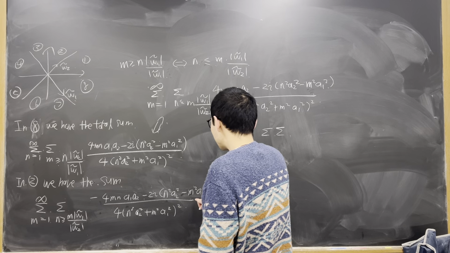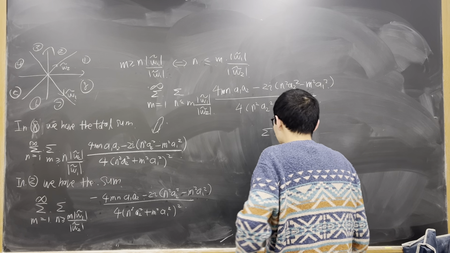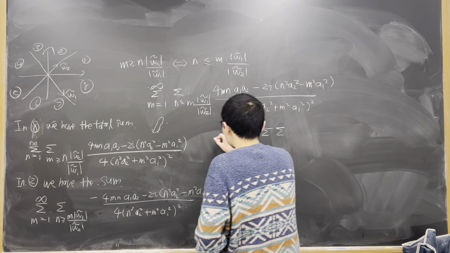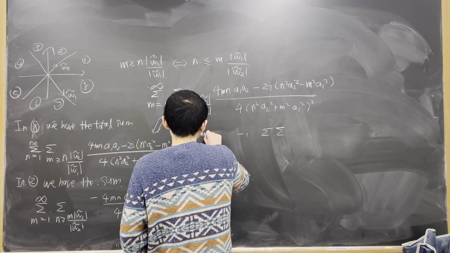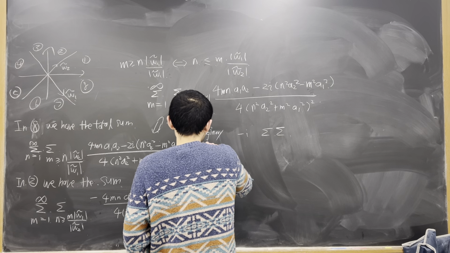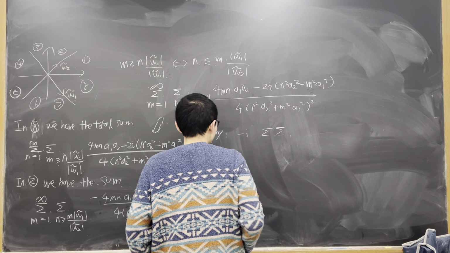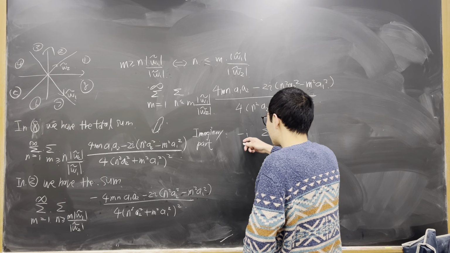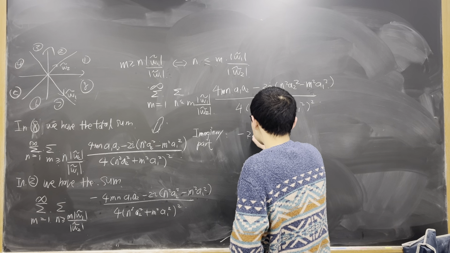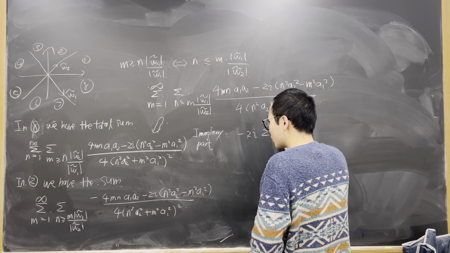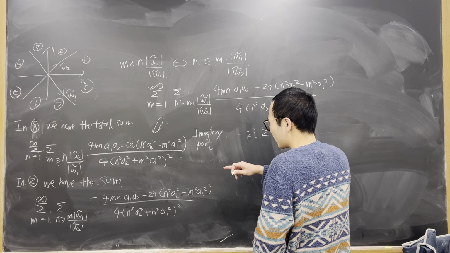For the imaginary parts, I can split it up as negative 2i times the sum of, so these are all the n's, right?